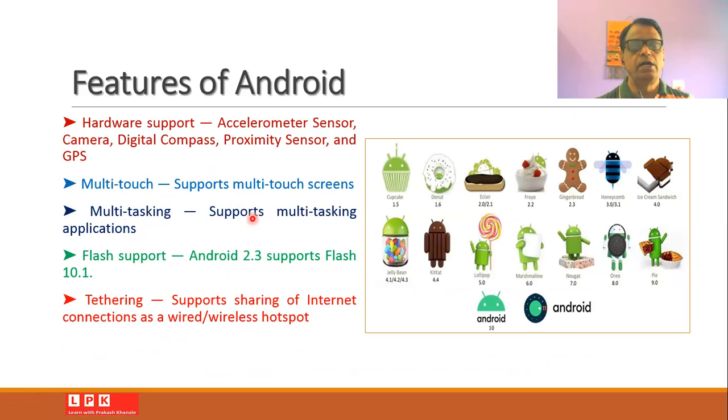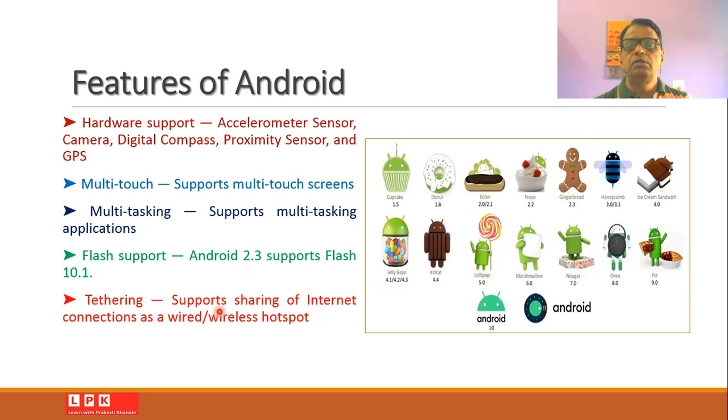It will support multitasking, that is, more tasks can be executed simultaneously by using this operating system. It will support flash and also the wireless hotspot called tethering, or it will support an internet connection which can be a wired connection.